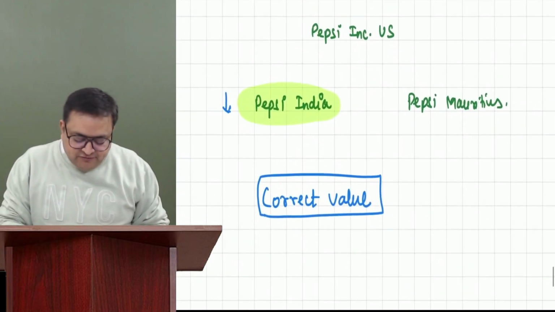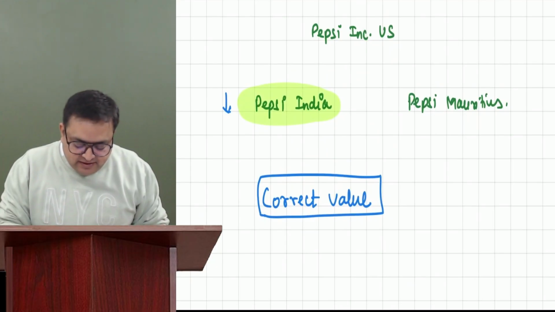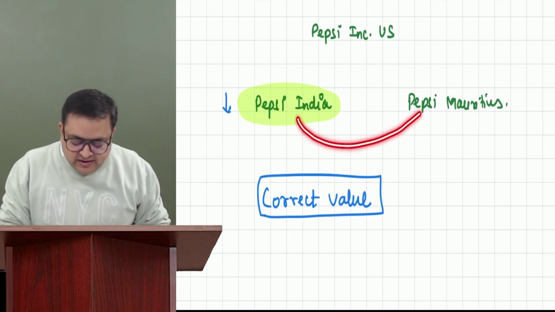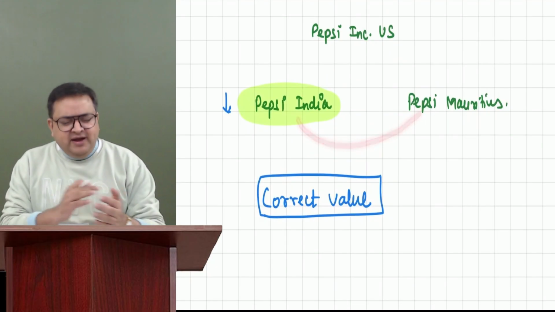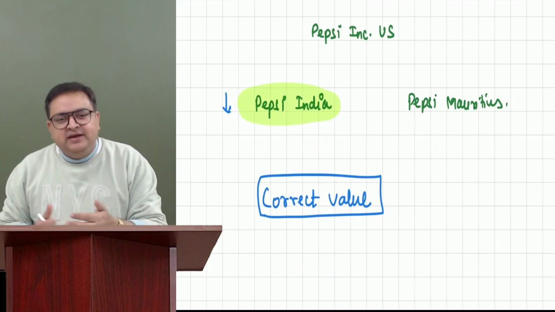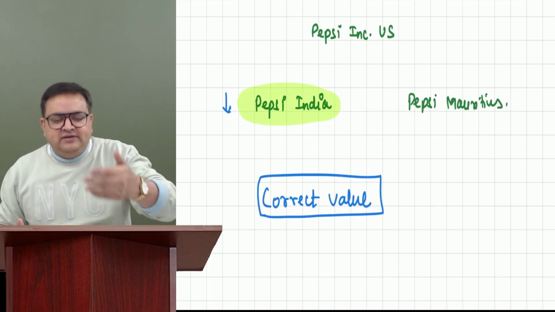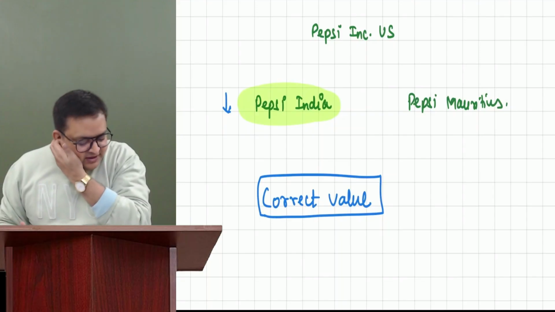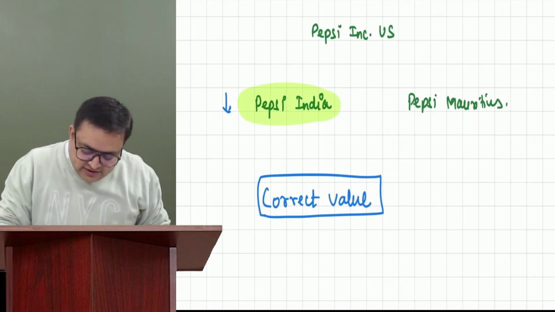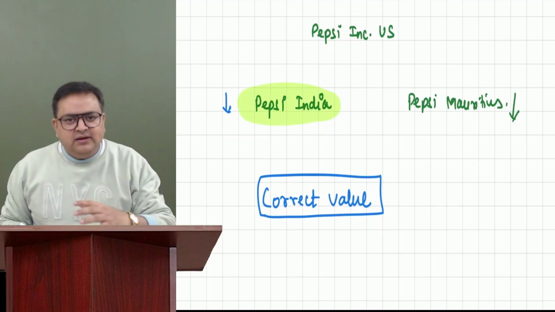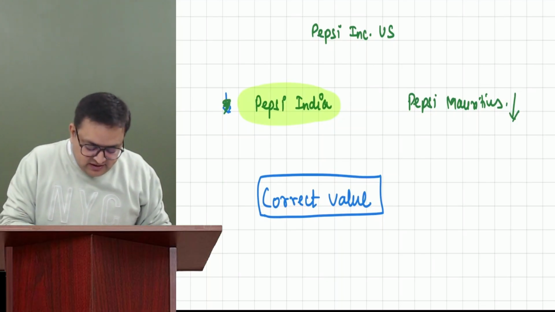How? Let's say there is a transaction happening between Pepsi India and Pepsi Mauritius. We understand the tax rates are different, especially Mauritius is a tax haven. There is no tax rate or a very low tax rate. So let us assume that in Mauritius there is a very, very low tax rate, but compared to it, the Indian tax rates are a little bit higher.